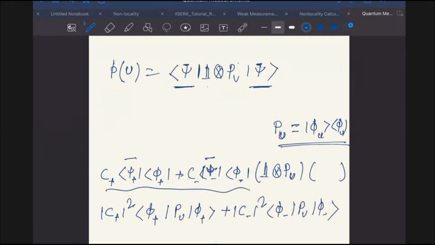Is this step clear? I have multiplied the identity with psi plus and then taken the product, so only the same term will survive: psi plus has survived and the psi plus psi minus term has not. So the remaining terms are only 2. It's clear?